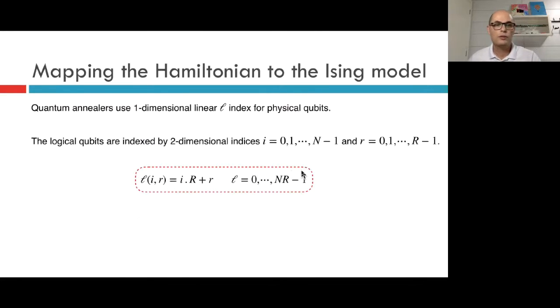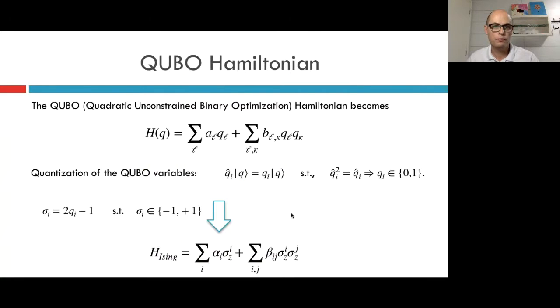So it's necessary to do a mapping between these 2 indexes, i and r, to a new index l that is performed in this way. Remember that capital R is the total number of bits used in the floating point notation. It's possible to do an inverse mapping in this way, where here is the floor function and the modular function.